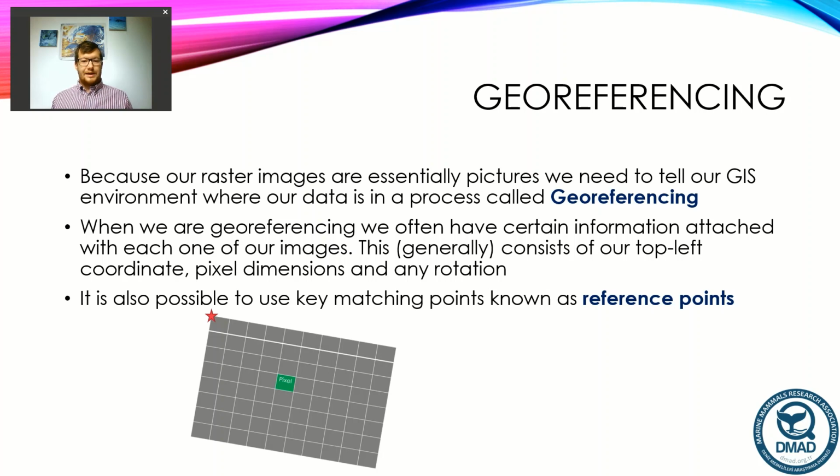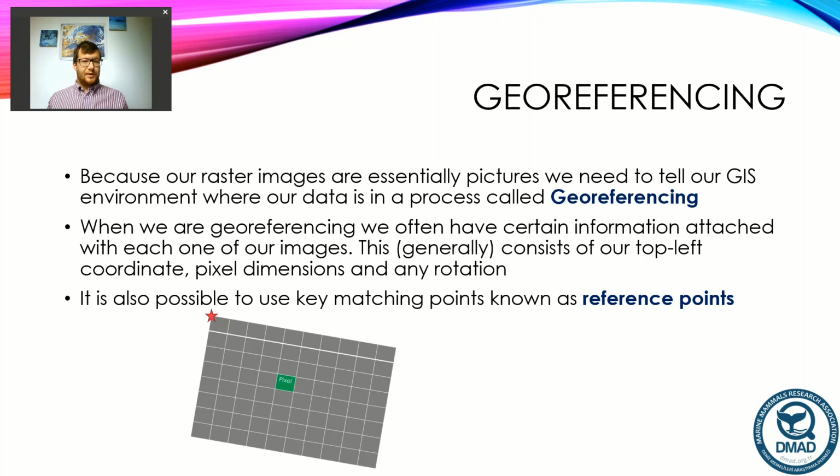However, not all of our data has this information, and it's also possible to match key points known as reference points. We normally want to have an absolute minimum of 4 or 5 reference points, and it really depends what scale you're working on, but these can be things like very defined corners of buildings, which we can match on our topographic map to our satellite map or aerial photo or whatever it is we're using.